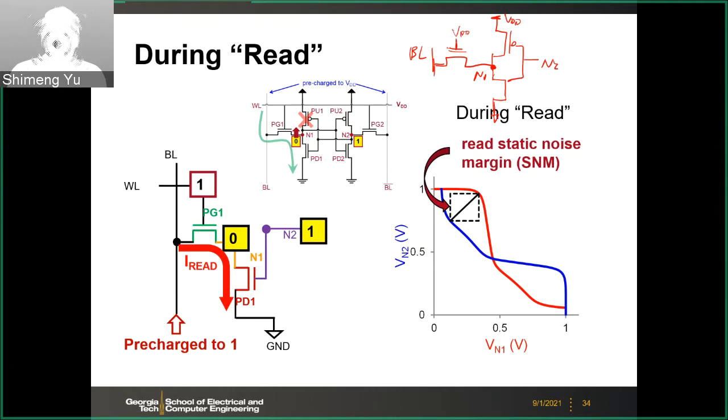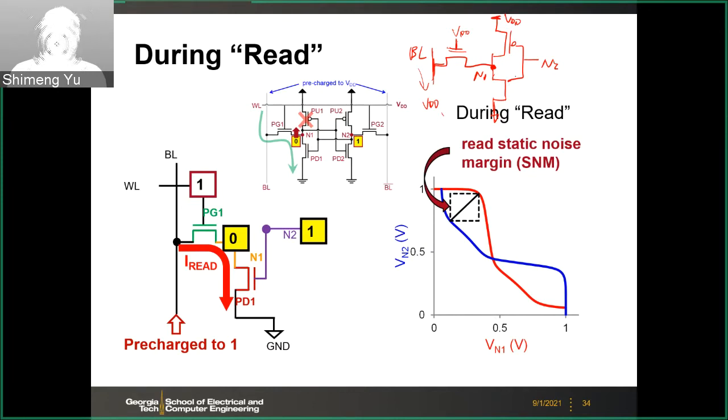And then we will assume the BL is also biased to VDD. This is pre-charged to VDD. And of course, in the real operation, it will decay a little bit by this delta V. But since we are doing the static analysis, we'll assume that BL will be biased at VDD. So basically, you have those 3 VDD on this circuit.